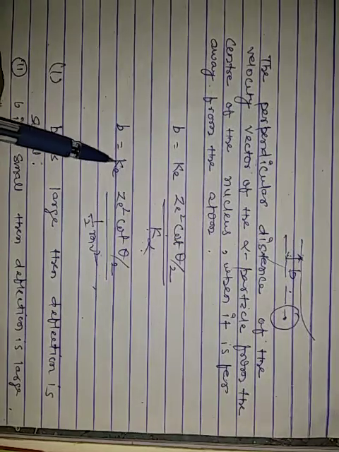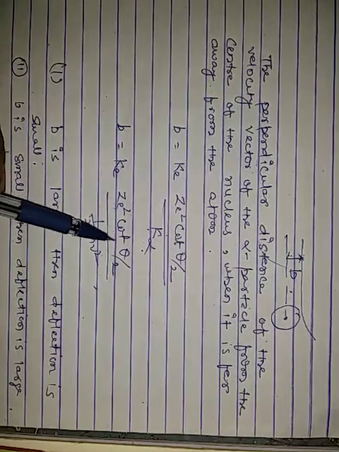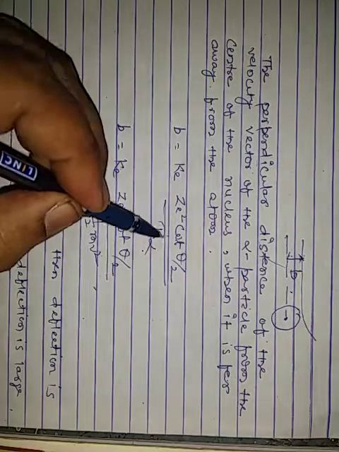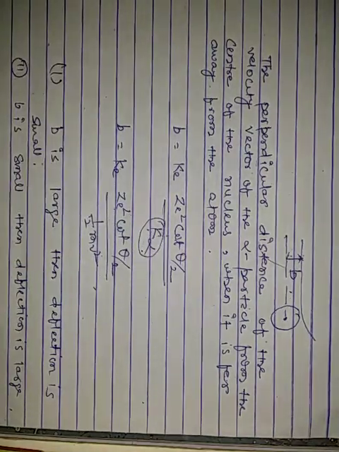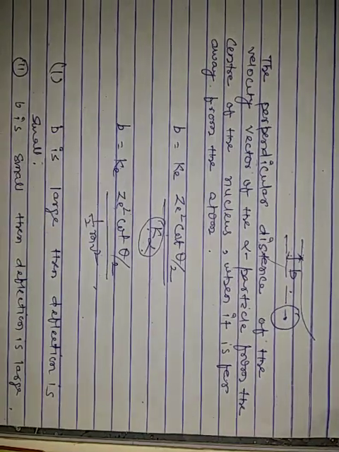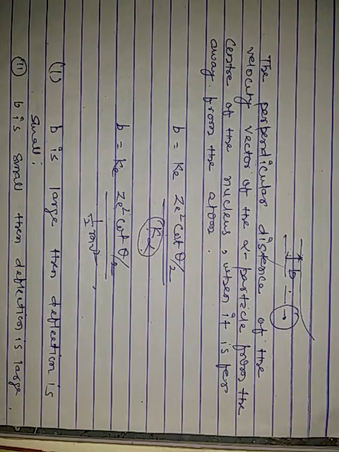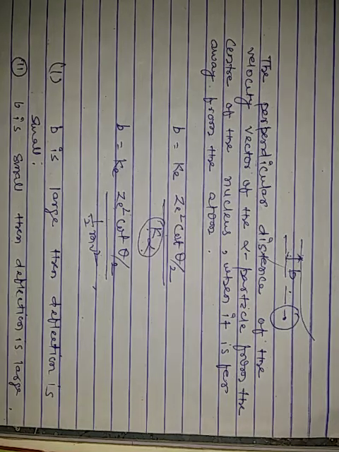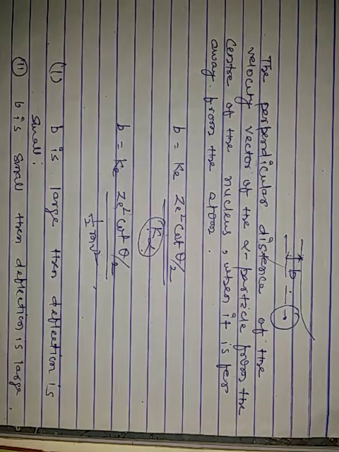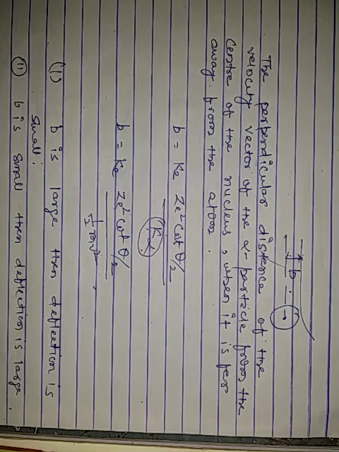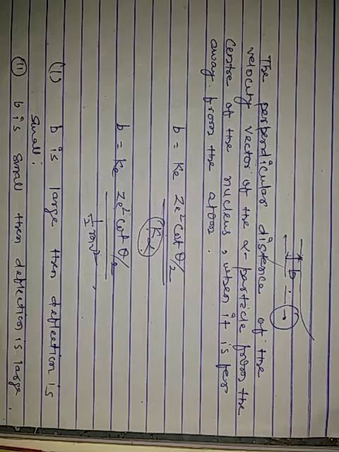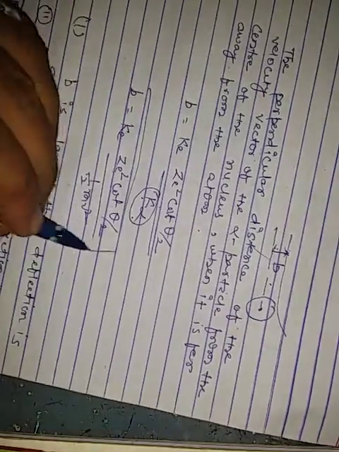In place of K alpha we write half mv square, where K alpha is the kinetic energy of the alpha particle. This is the required expression.